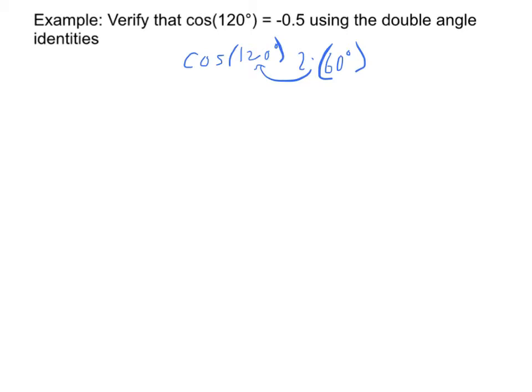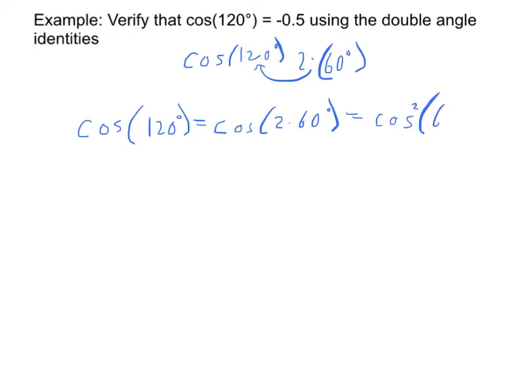Okay. So I'm going to go at this one by saying, all right, well, I should expect that the cosine of 120 degrees, which happens to be the cosine of 2 times 60 degrees, will be equal to the cosine squared of 60 degrees minus sine squared of 60 degrees.